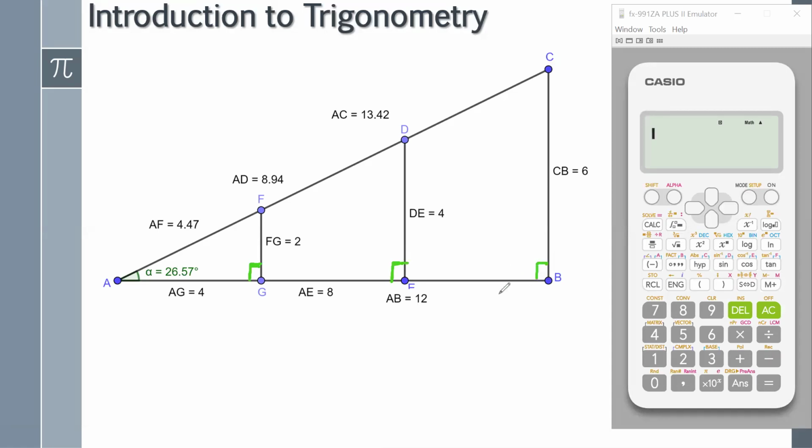And what I've done is I have measured each side of each triangle. So AG, AE, AB, as you can see, and the hypotenuse as well. So let's just remember those basics. If I have an angle in a right angle triangle, then the side which is opposite to that angle is known as the opposite side.